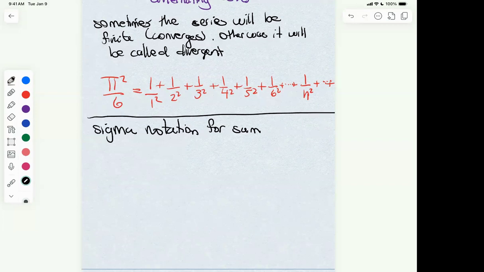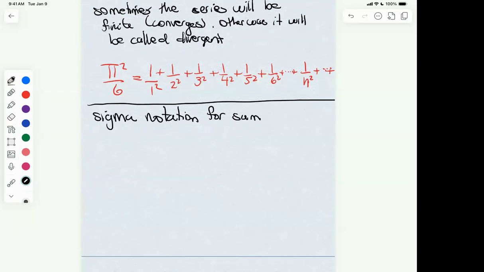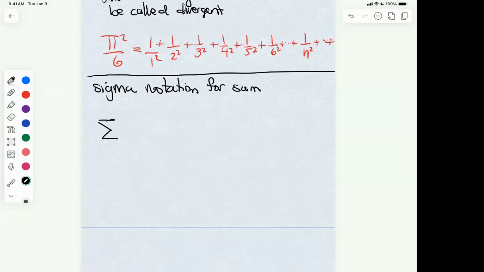You recognize the letter sigma, thanks to the fraternities. Sigma stands for sum, so it means the following.